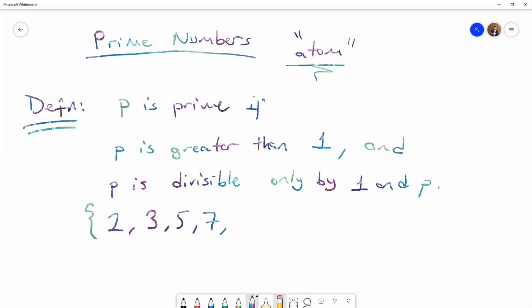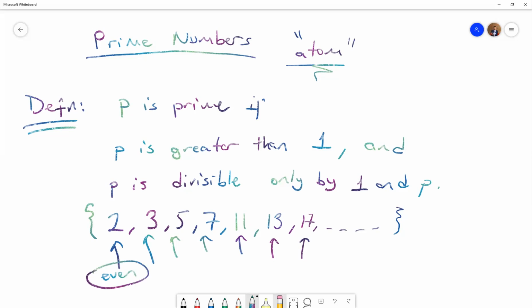So 11, then 13, 17. It goes like that, or ellipses, whatever. So these are all odd numbers, but the only even prime number is 2.